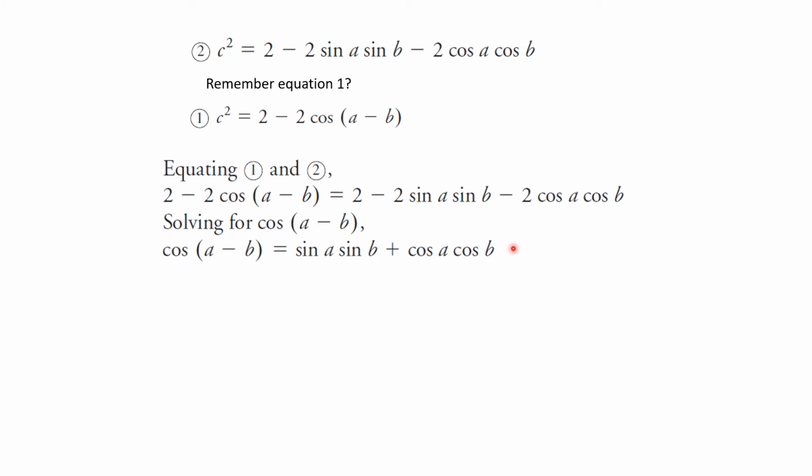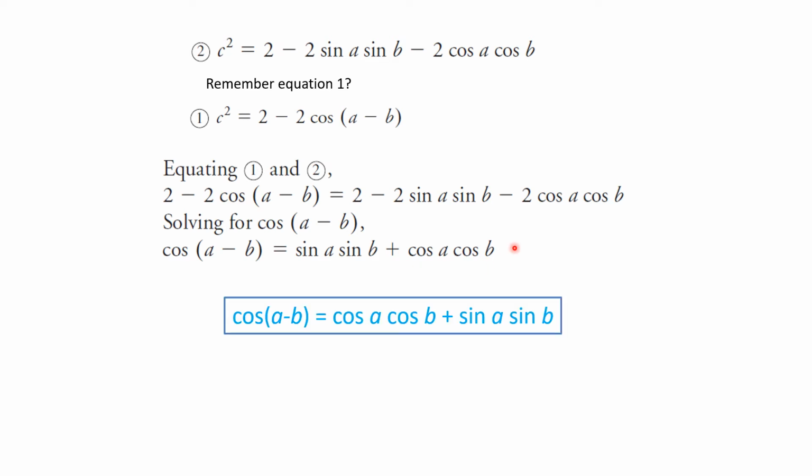We've got A's and B's, 2 variables, but that is the cosine compound angle formula for subtraction. So this you need to memorize. It's not that hard. You've got cos A cos B plus sine A sine B. So whatever this sign is here, it's a minus, you're going to put the opposite sign in here. It's a positive. This is our first compound angle formula.